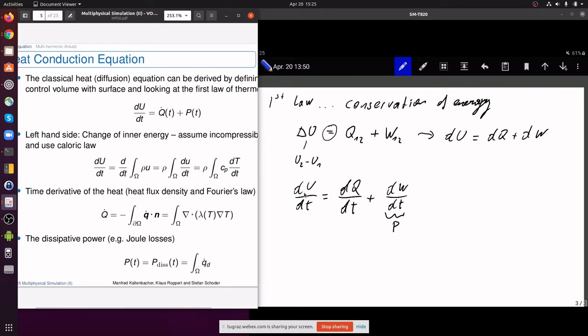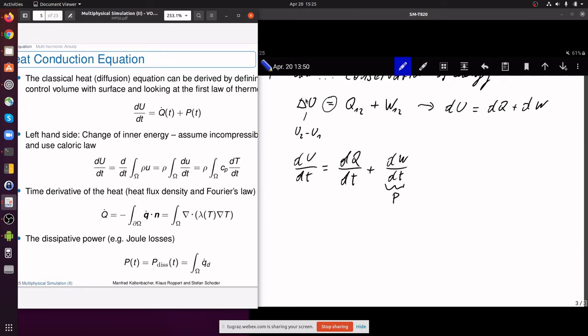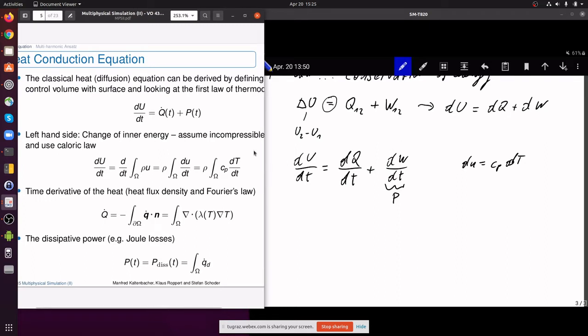So this left-hand side here can then further be investigated by inserting a caloric law. And the caloric law, in this case, we're using dU is Cp dT. That's where we introduce the temperature. And if we're inserting this into the first law of thermodynamics, the caloric equations are written in specific values.